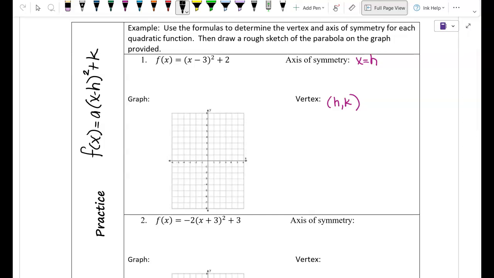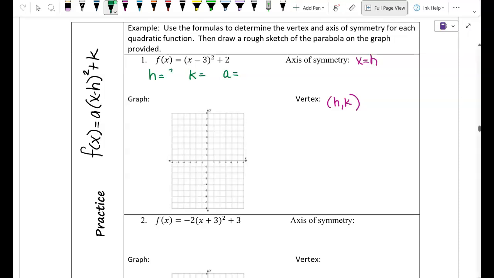So if I'm given the function f of x equals the quantity x minus 3 squared plus 2, I need to identify my h, my k, and my a value. What is the value of h in this function? 3.